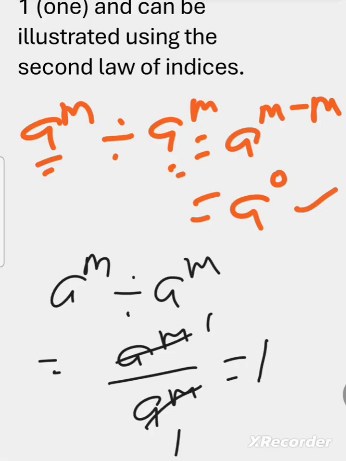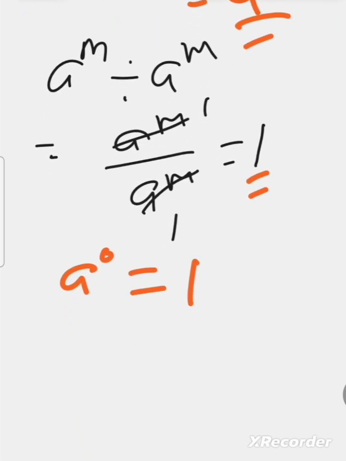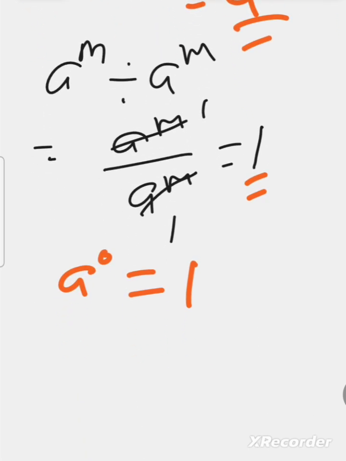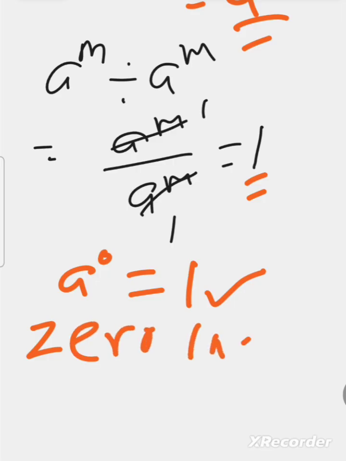Since this is the same statement, we can say a power 0 will be the same as 1, which is the one that we have gotten from the second statement, a power m divided by a power m. Therefore, if a power 0 is equal to 1, then this is what we call the zero index.